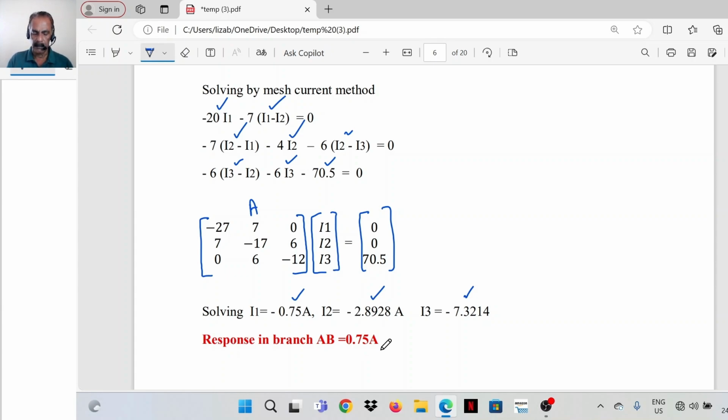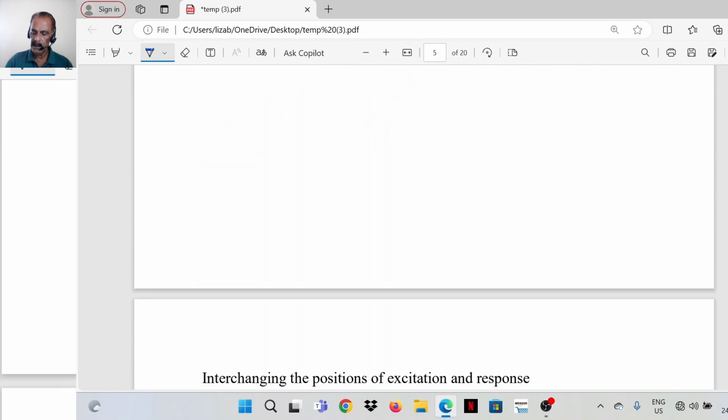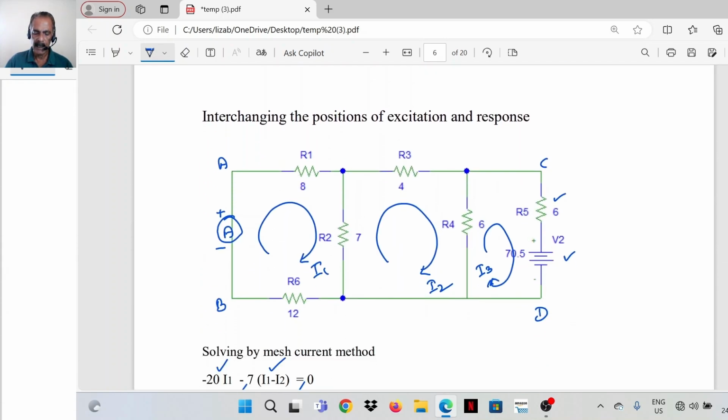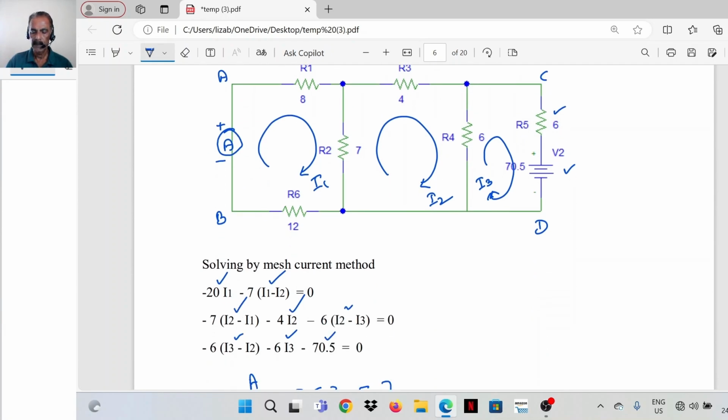So we have interchanged the positions of excitation and response. We are getting the same value for the same excitation. We are getting the same response. Same excitation means the ratio of excitation to response is 1 in this case. Because in the first case, the excitation was 70.5 volt in branch AB.